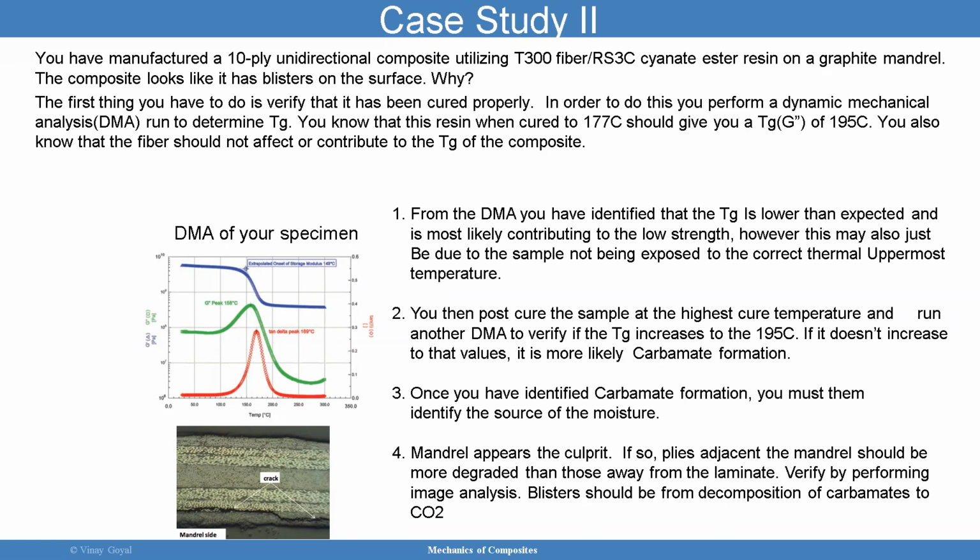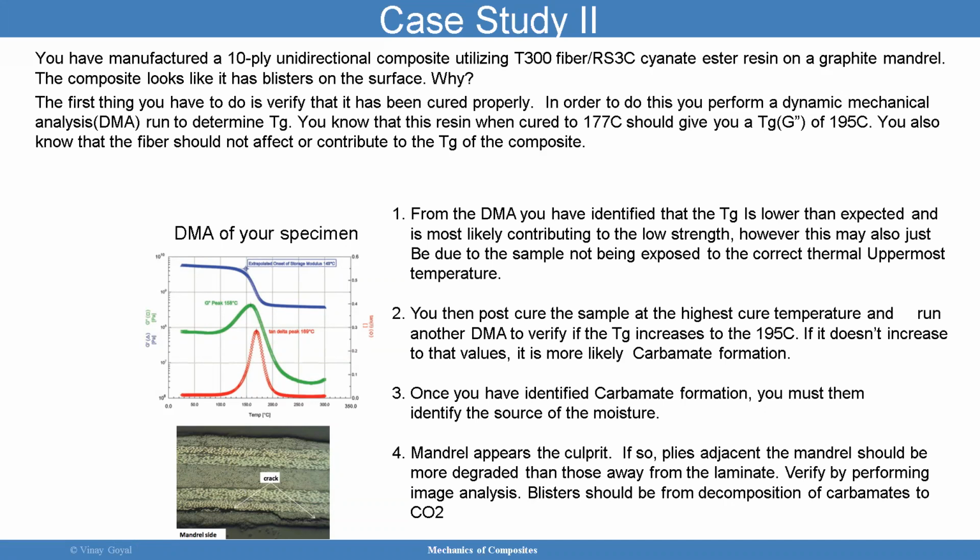So now, going back to the question, the first thing we want to check is: did we cure the composite properly? We need to figure out, is there an error in what we did? So in order to do this, we need to perform a DMA, a dynamic mechanical analysis, to determine TG. I already showed you earlier, and you already watched videos on DMA testing to determine the glass transition temperature.